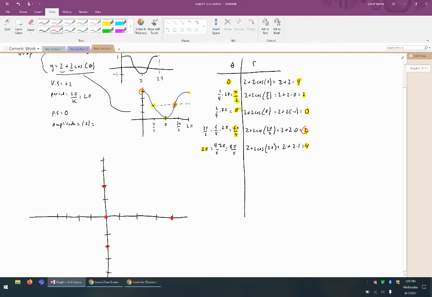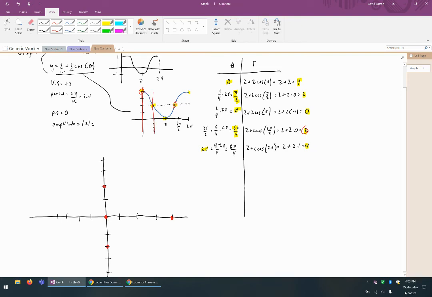Now we need to play connect the dots. The first point we drew was here, the second one was here, so let's connect those. We can ascertain how the curve connecting these is going to go by looking at this graph, which tells us what the r value is doing from 0 to pi over 2. It's going down.